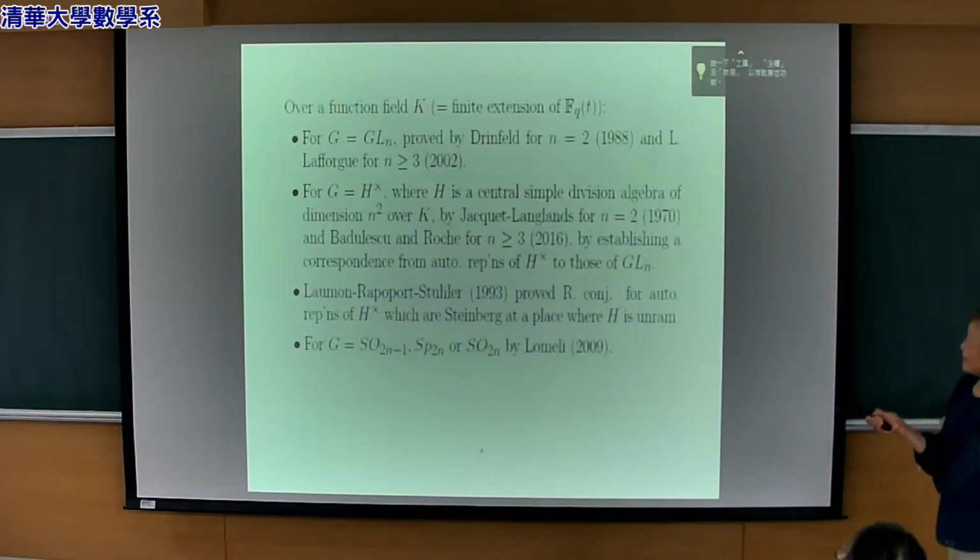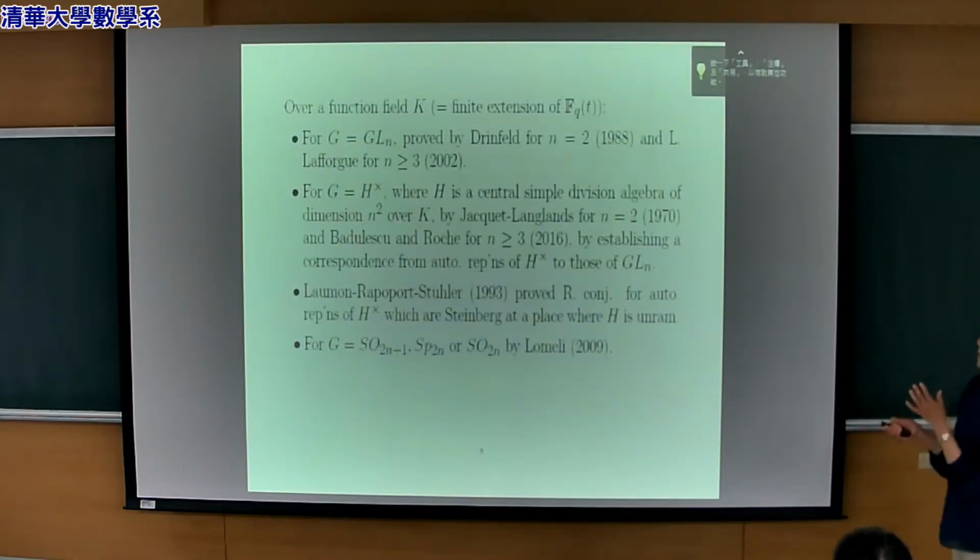Their method is to establish the Galois representation. Then the second is that I take G to be the multiplicative group of a central simple division algebra of dimension n squared.